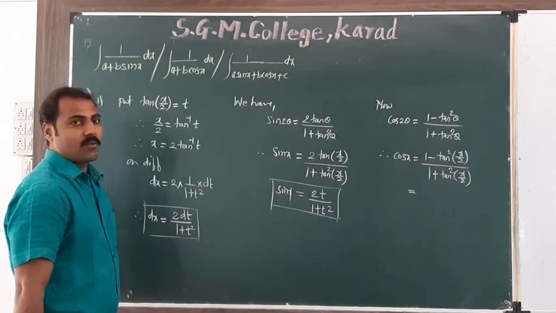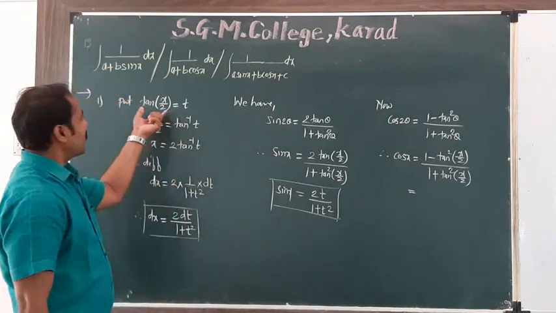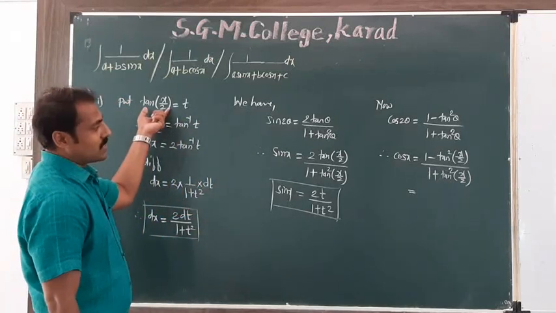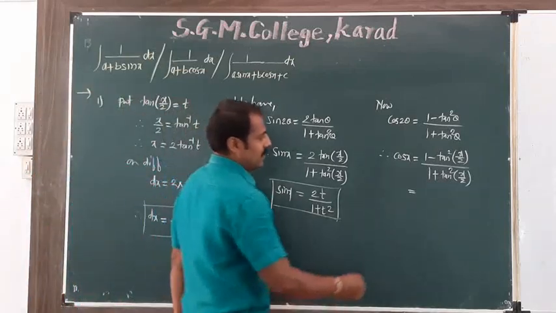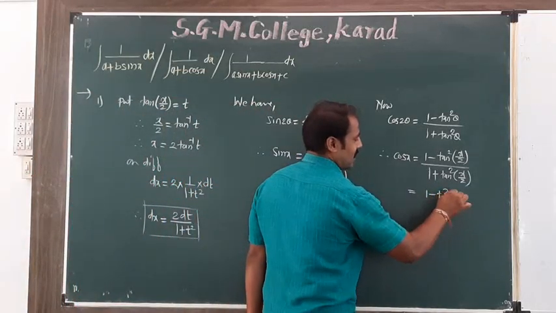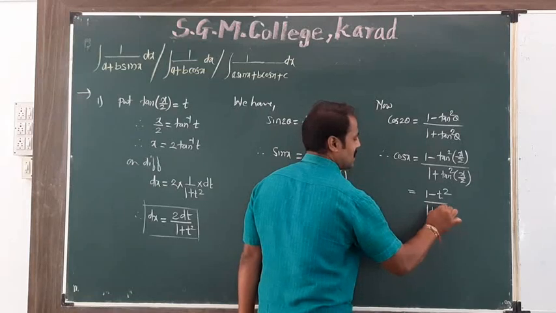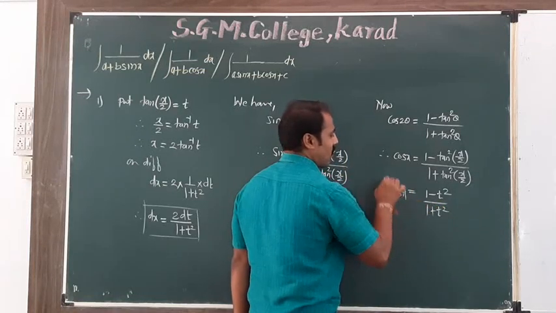Now, instead of tan x by 2, we write t. So it's 1 minus t square divided by 1 plus t square, which is the value of cos x.